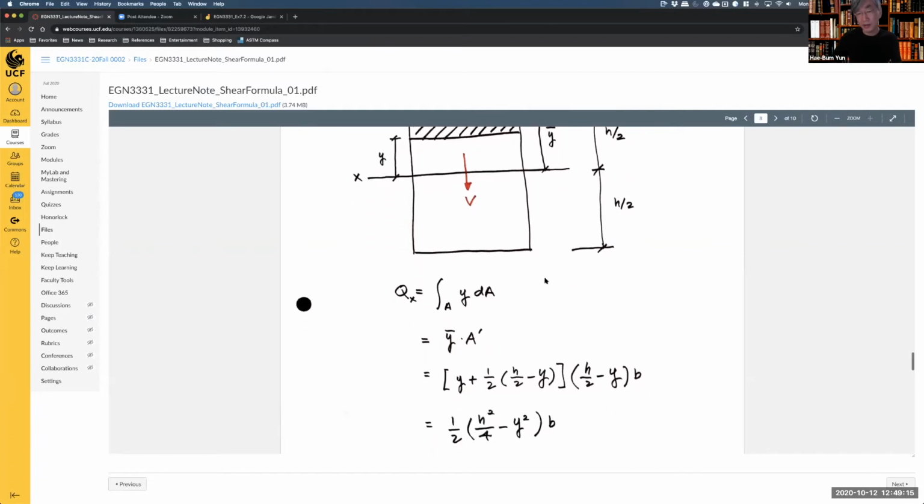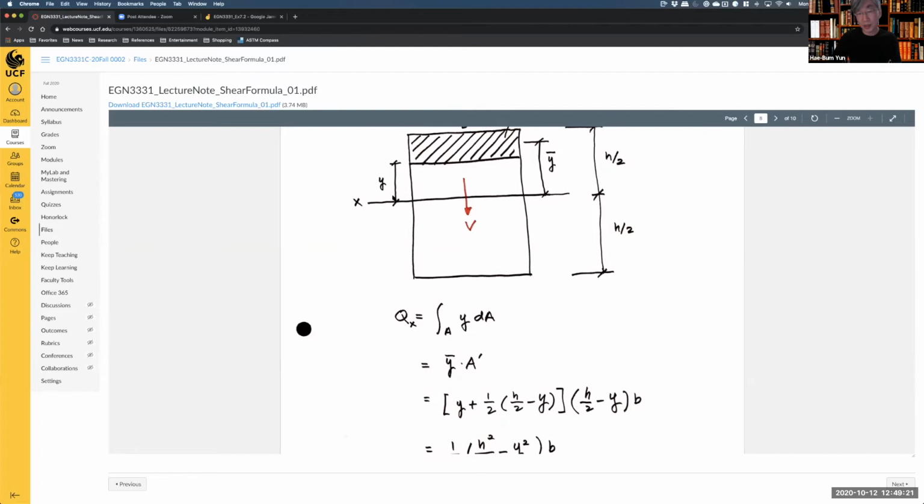Then we can calculate Y bar. Y bar can be calculated as Y plus (H over 2 minus Y) divided by 2. This is Y bar.